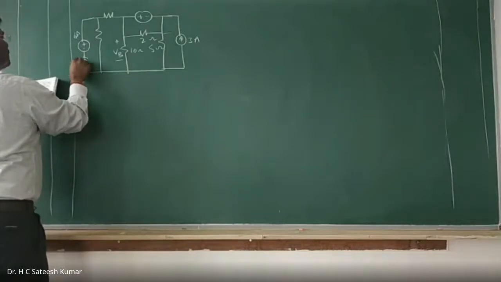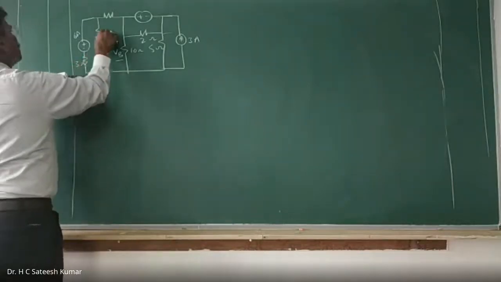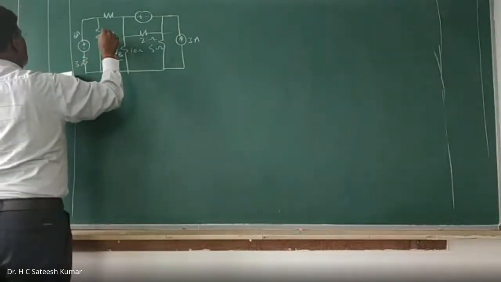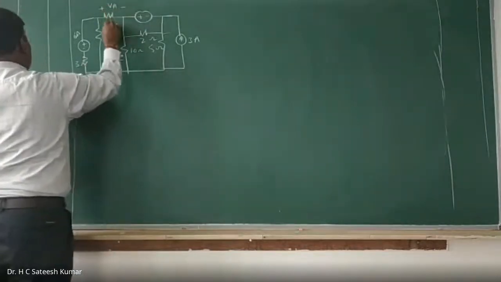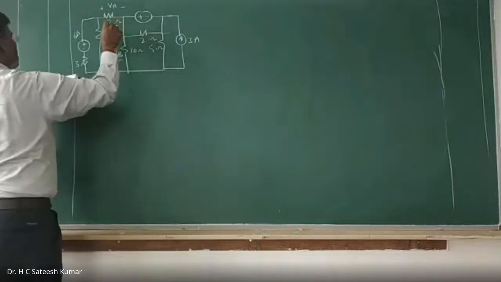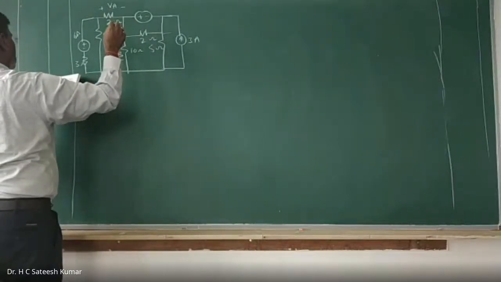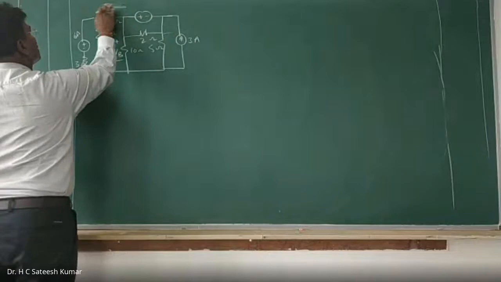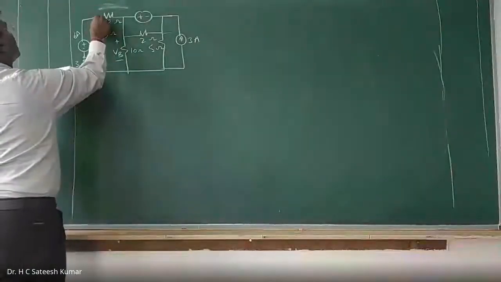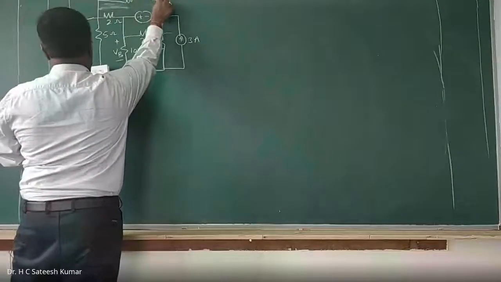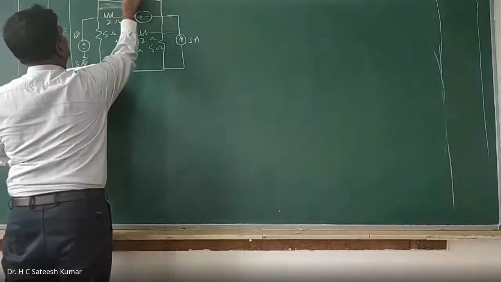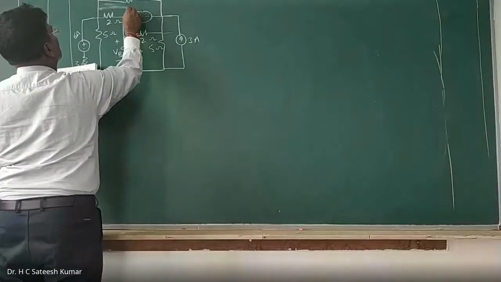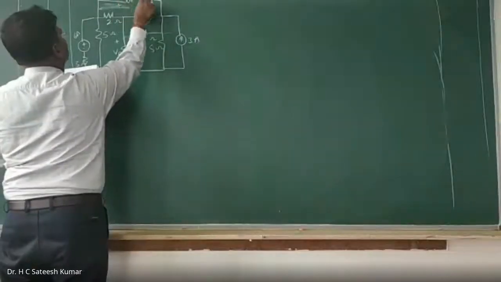That is 3 ohms, 5 ohms, plus minus GA, 2 ohms. Sorry, this is 2 ohms, and this is the one. Plus minus 2 ohms. 2 ohms plus minus VA.